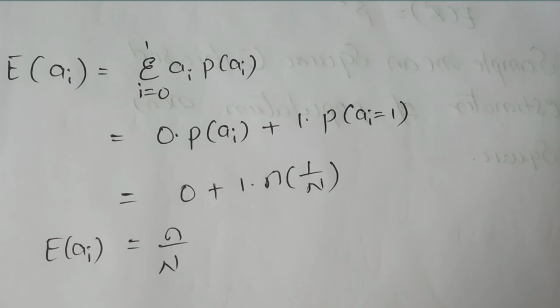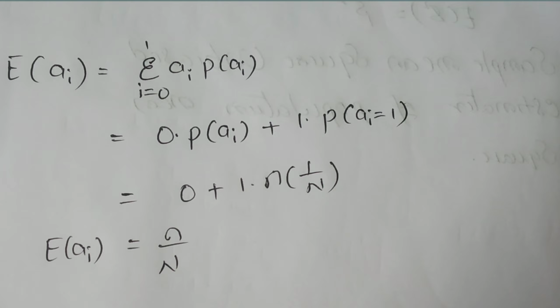So expectation of ai equals summation i ranges 0 to 1 of ai p of ai, that is, 0 into p of ai equals 0 plus 1 into p of ai equals 1.